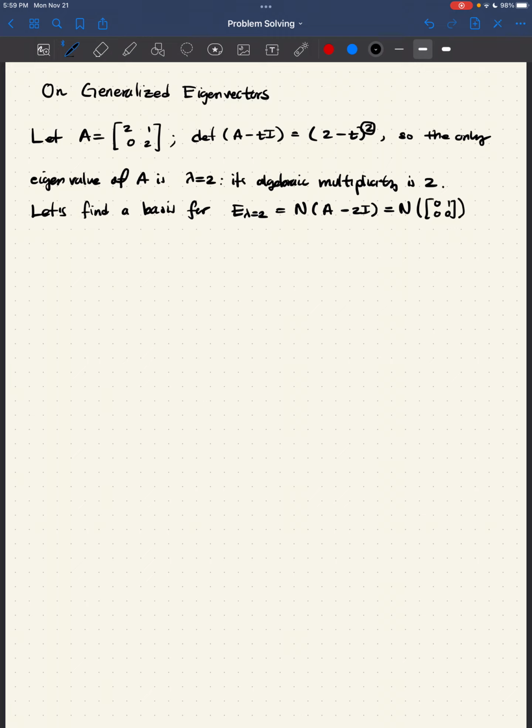Well, let's not forget what this means. This is the collection of all those vectors x1 and x2 in R2, such that when we multiply the matrix 0, 1, 0, 0 times x1, x2, we get the 0 column vector.